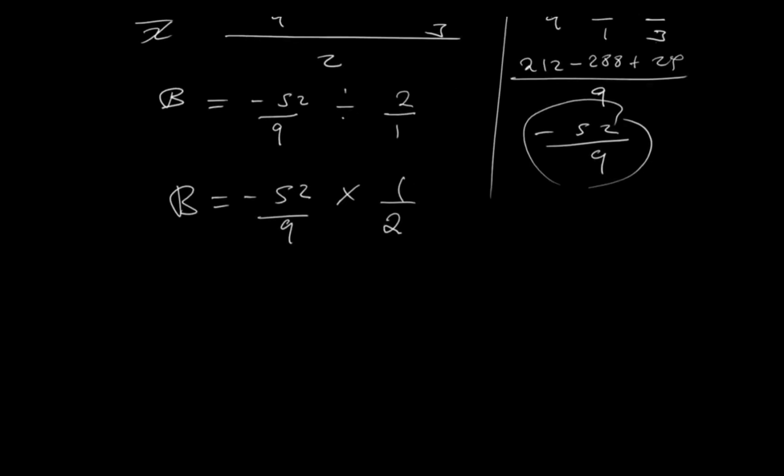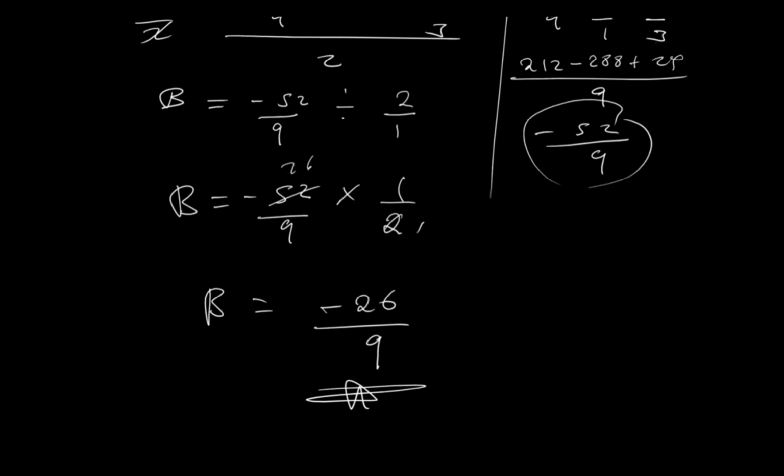Alright, so you can actually simplify this furthermore. You could say, what is 2 there? 1, 2 there will give you something like a 26. So I have negative 26 over 9. That's the value of b. Quite simple and straightforward, isn't it?